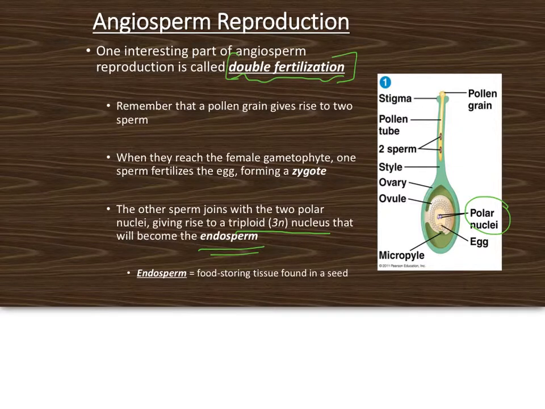Endo, inside, right? An endosperm will become a food-storing tissue for the new zygote inside of the seed. So in other words, you need a second fertilization event, sperm plus polar nuclei, to form sort of a little food sac for the growing zygote as it is inside a seed.